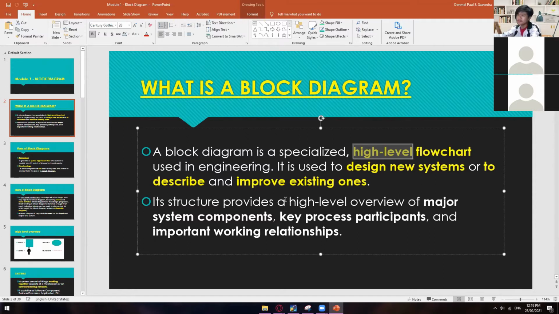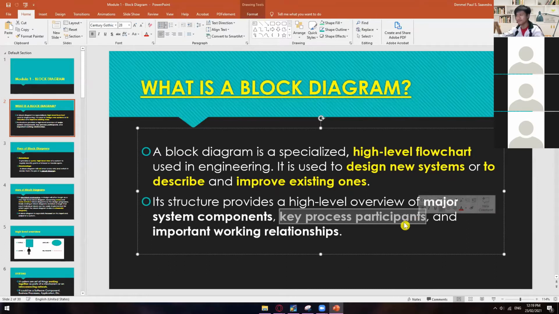When you get to the point where you include the detailed components inside that system, then we call that a schematic diagram. It is not a block diagram anymore. Of course, we have here the key process participants, the input and the output, which in a block diagram we call actors.